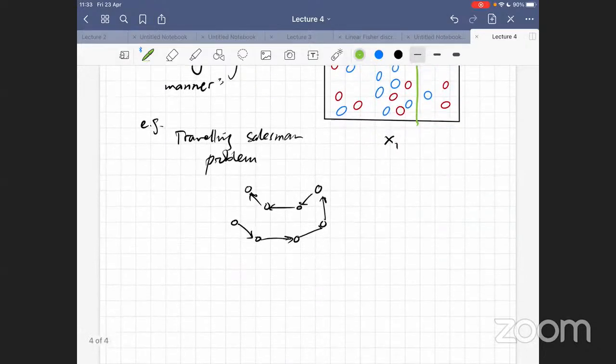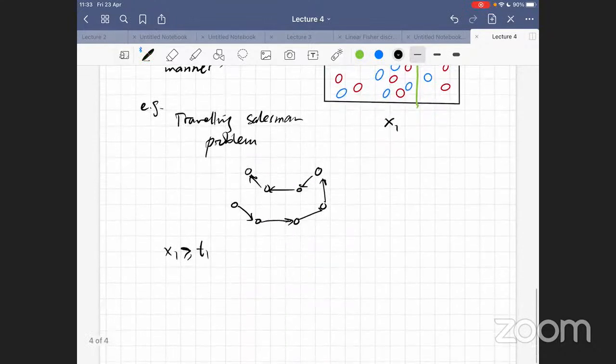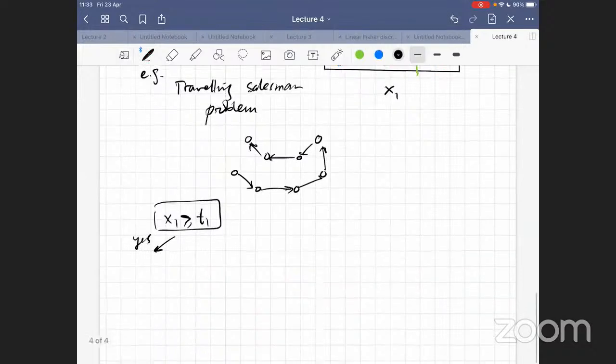Then you say, for example, I am splitting x1. If x1 is larger than t1, then I have a decision. If yes, I do some action, and if not, I do another action. So for example, I may decide that x2 is going to be split on T2, right?